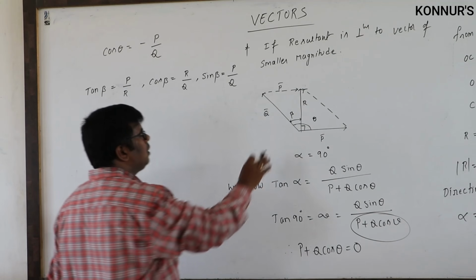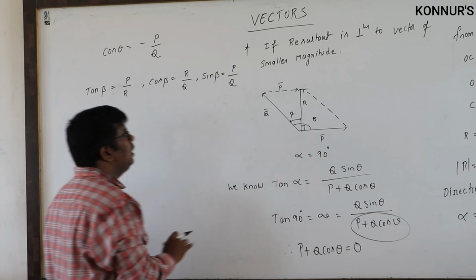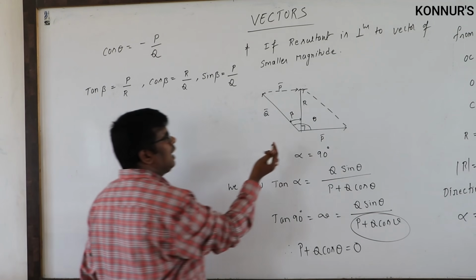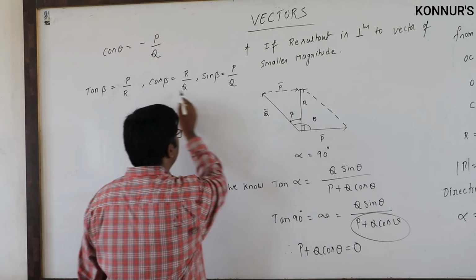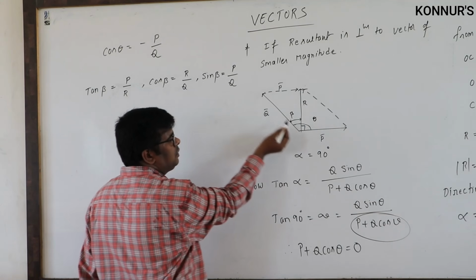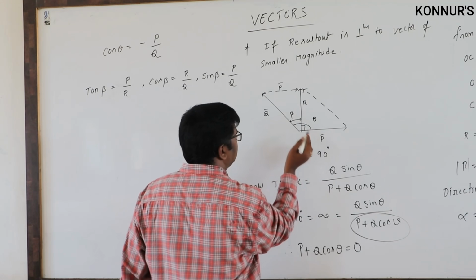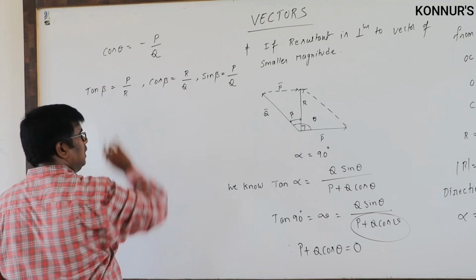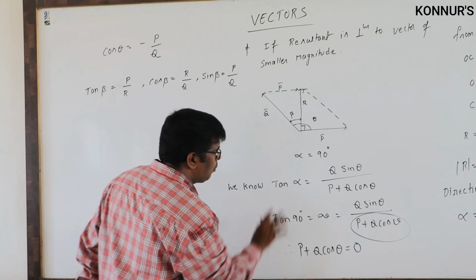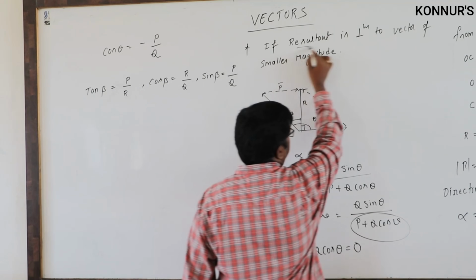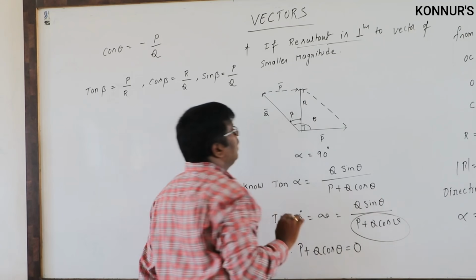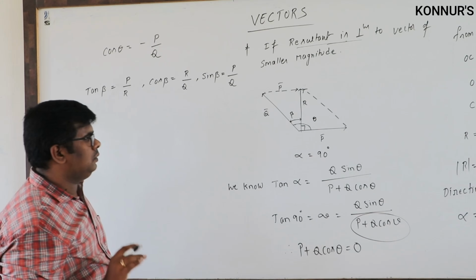So if they give any one of these p, q or r, and ask what is the angle made by q with r, you can use any one of these expressions to determine beta. So this is the process when the resultant is perpendicular to the vector of smaller magnitude.